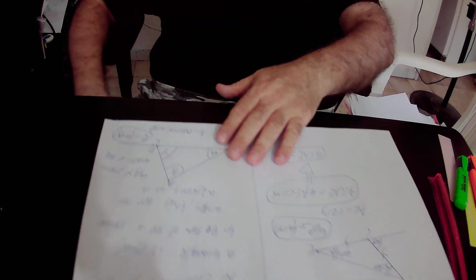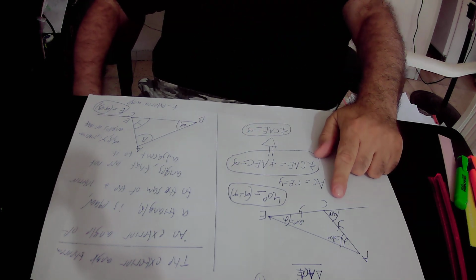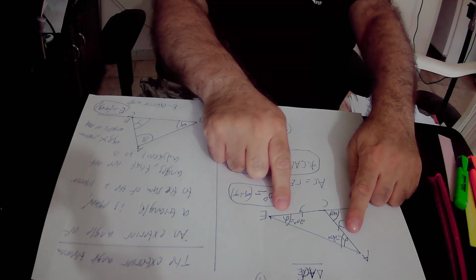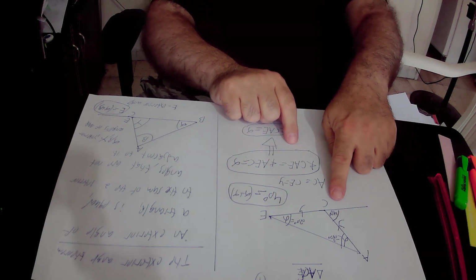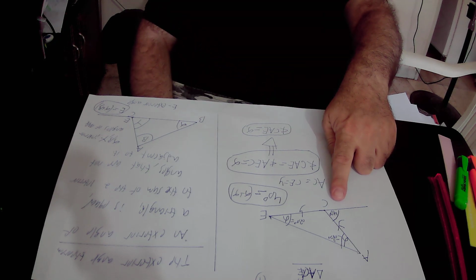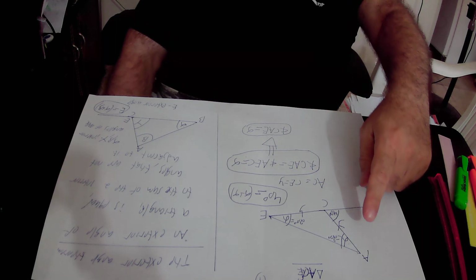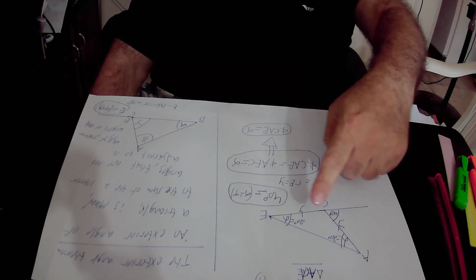Then we implemented the theorem in our triangle ACE. We have those two angles, alpha and alpha, which are both interior angles, and this angle that is equal to 40 degrees is an exterior angle. So according to the exterior angle theorem, the value of the exterior angle, 40 degrees, is equal to the sum of the two angles that are not adjacent to it, that is alpha plus alpha.